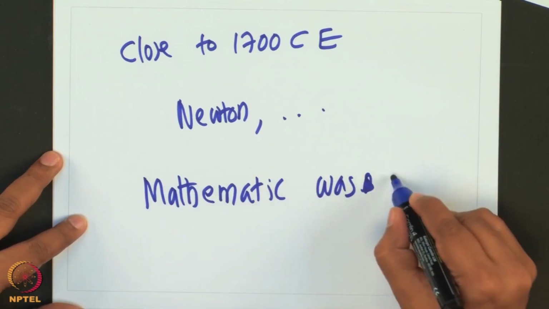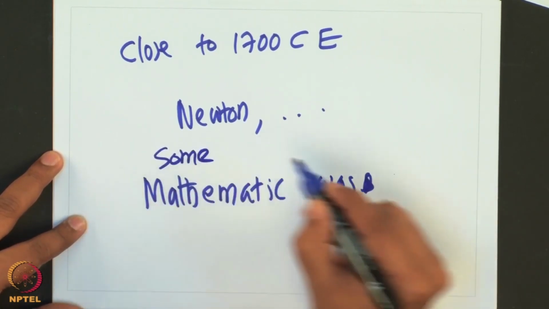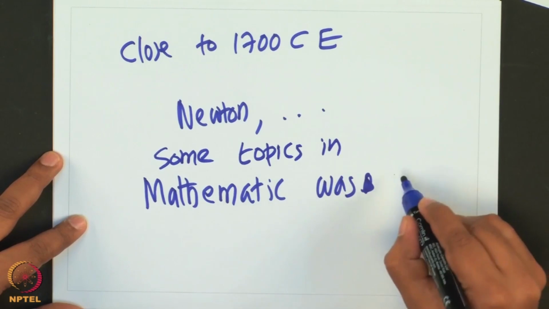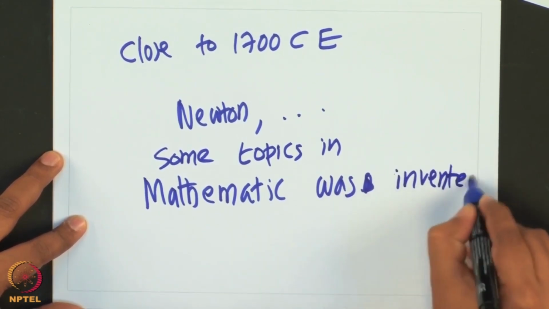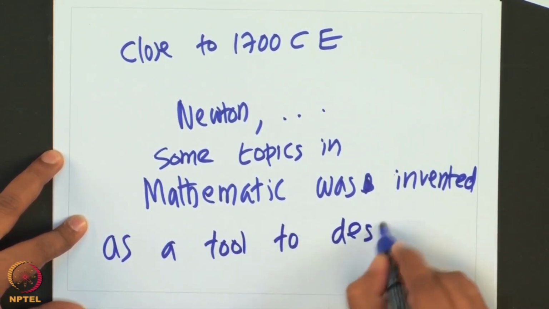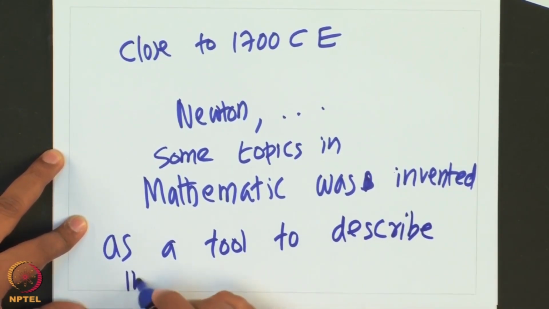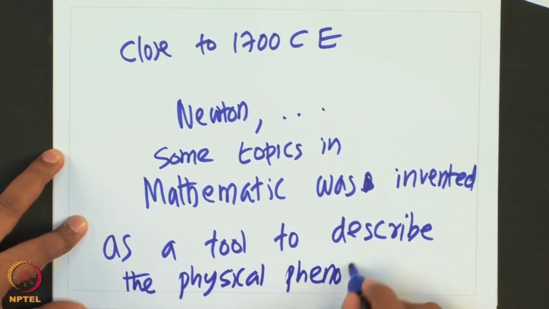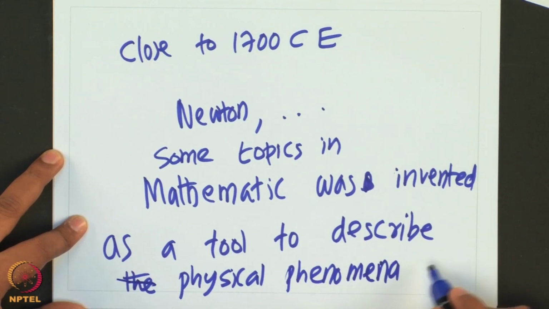Some branches of mathematics, some topics, I would say, in mathematics were invented as a tool to describe the physical phenomena that we observe, or various physical phenomena that we see around us, like motion of planets or falling of an apple, or you could think of motion as the simplest example.